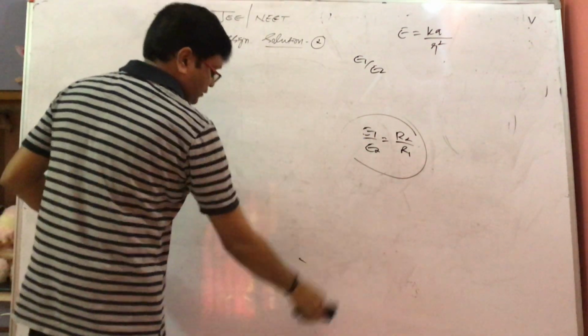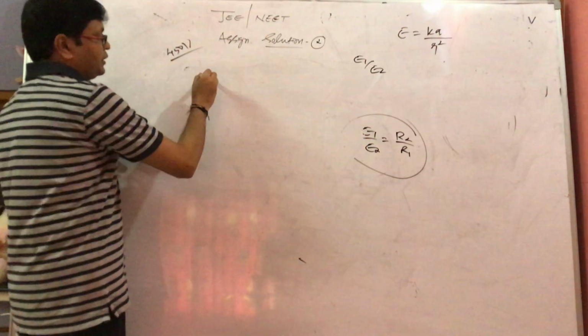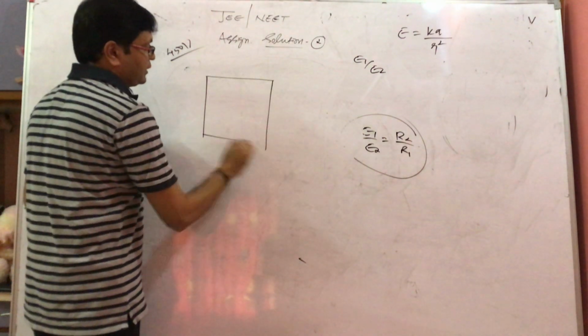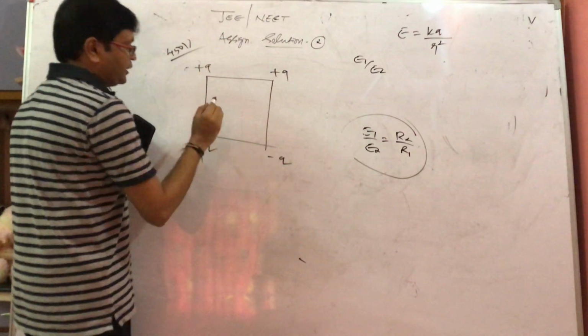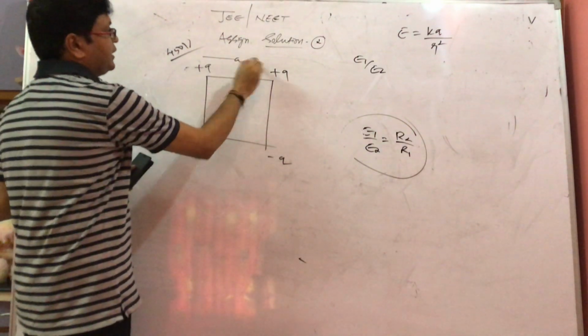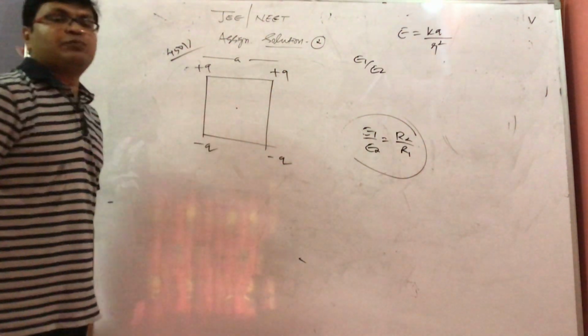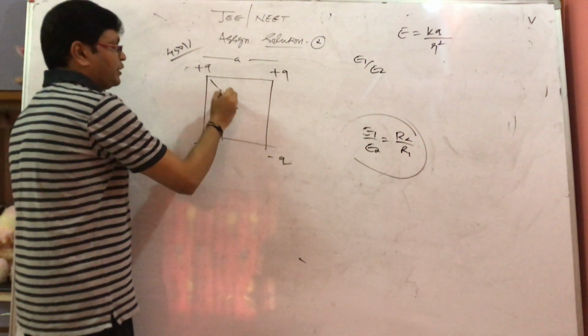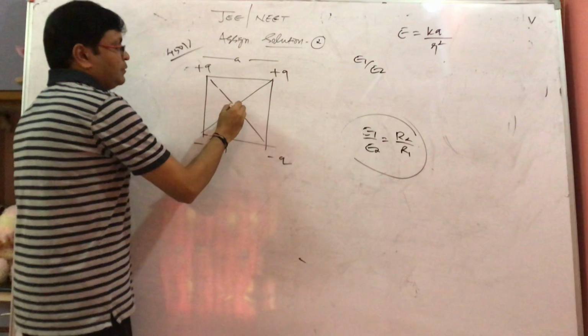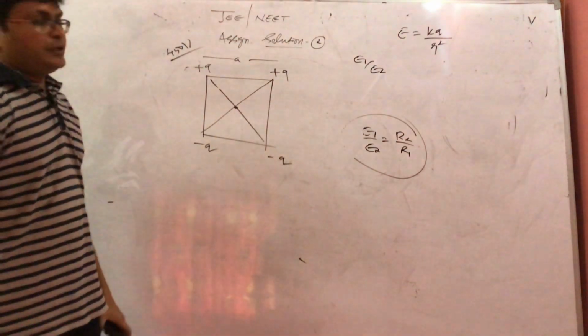Basic concept, the assignment we have given is related to your basic concepts. 4 charges, plus Q, minus Q, length of side A. We would like to find the potential at the center of the square. Here, for the square, apply the concept of geometry.